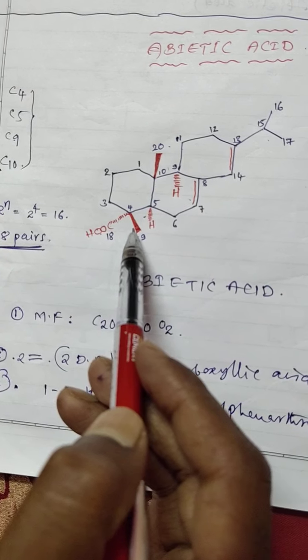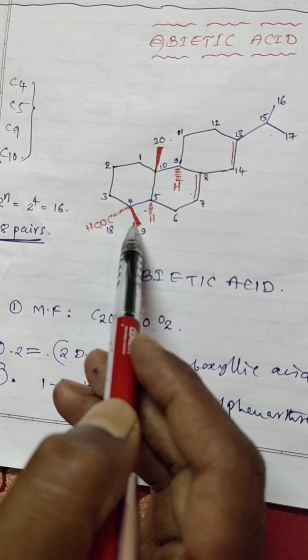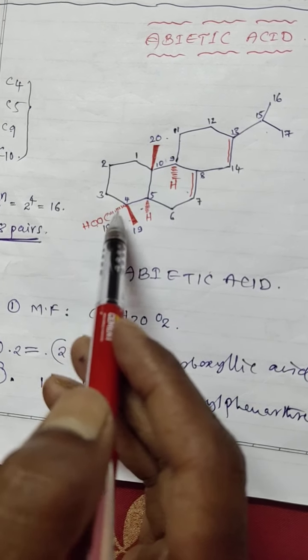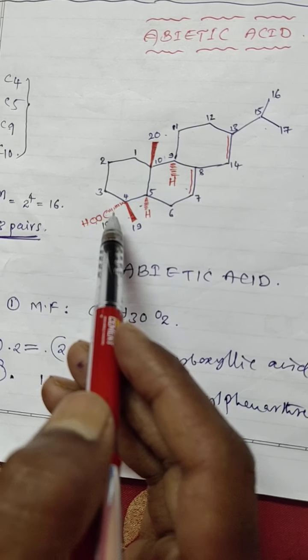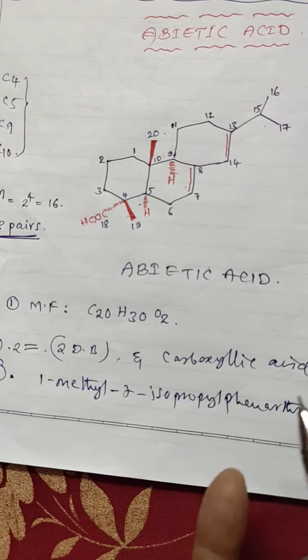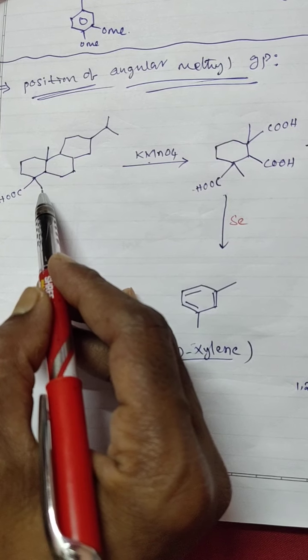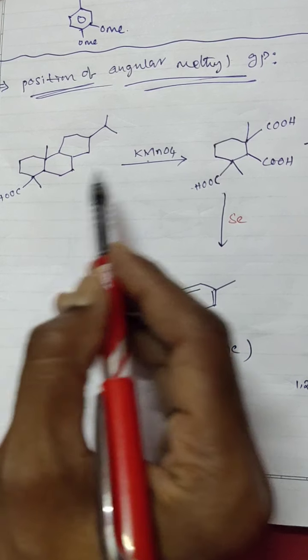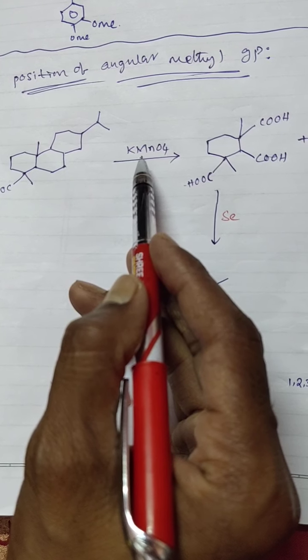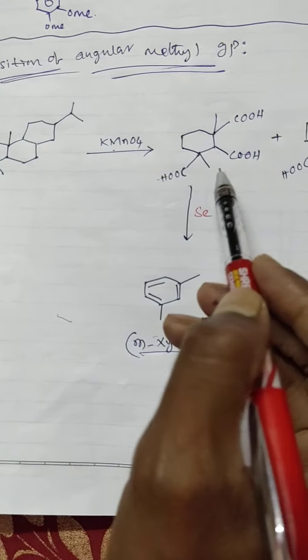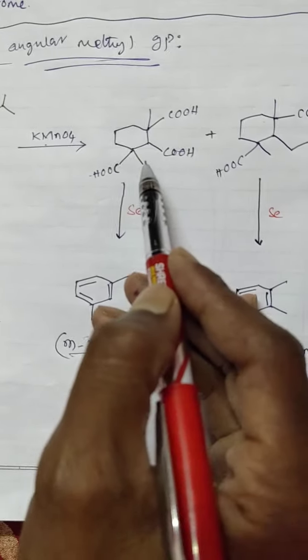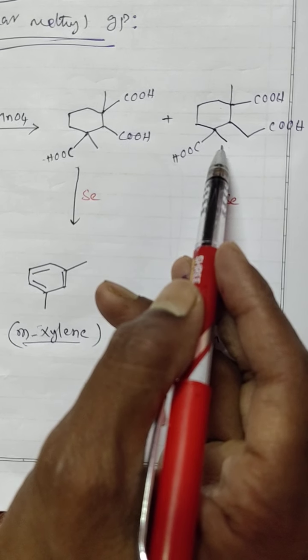So this is the angular methyl group. How to confirm? Abietic acid on oxidative degradation gives two tricarboxylic acids. Already shown: abietic acid reacts with potassium permanganate to form two tricarboxylic acids.